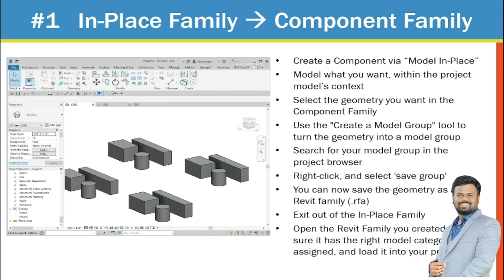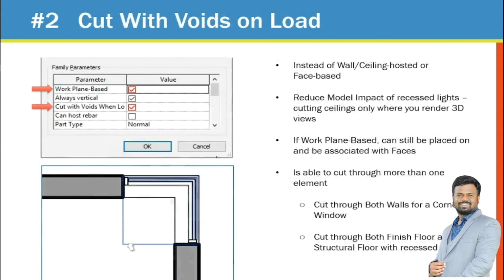All right, on to number 2, cutting with voids on load. So most families where you want to cut the surface of the element that you're hosting on either use a hosting family, like a ceiling hosted family or a wall hosted family, or they use a face-based family.